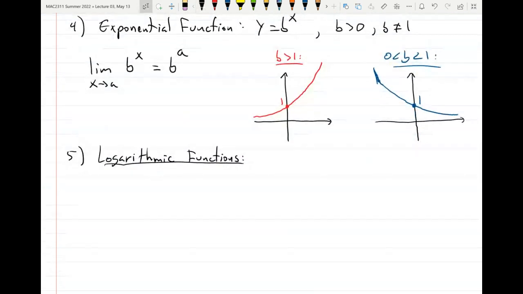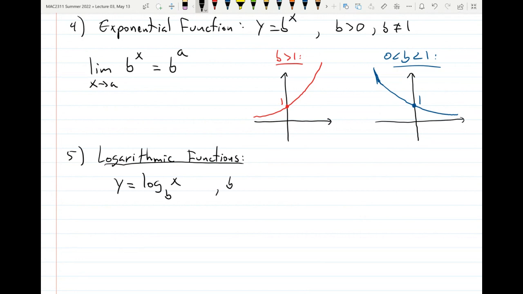So let me get that out of the way. Remember that when we have y equals log base b of x, the logarithm is defined as the inverse of the exponential function. So the base is b, and it comes with the same restrictions: it has to be positive and different than 1.